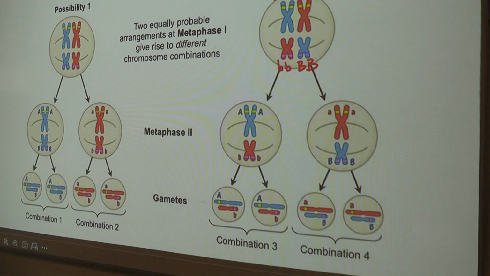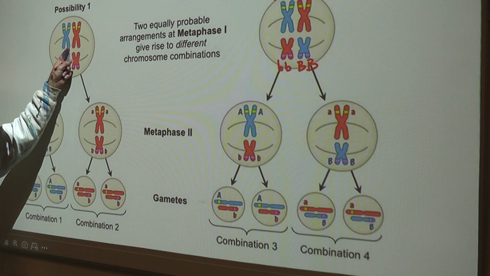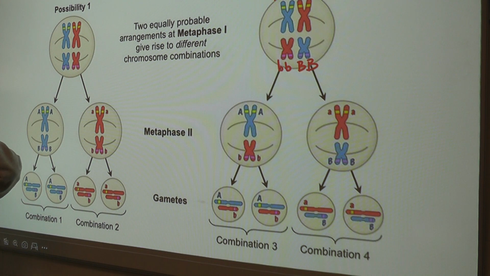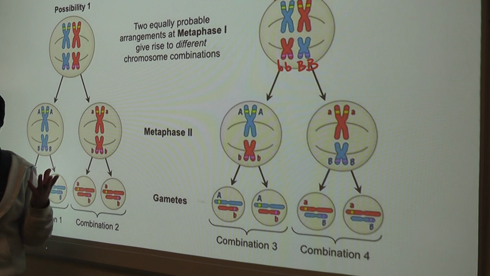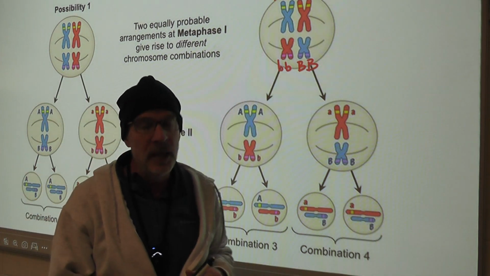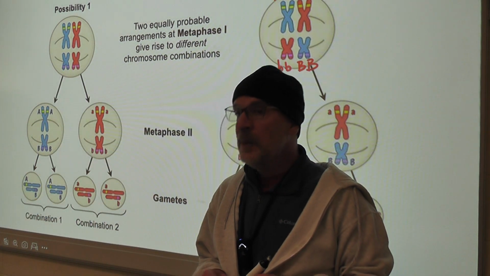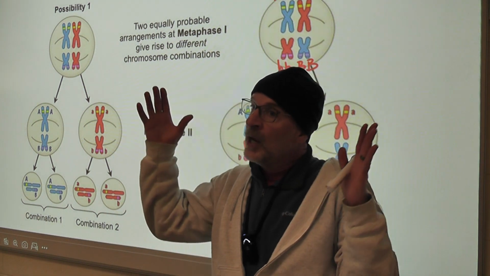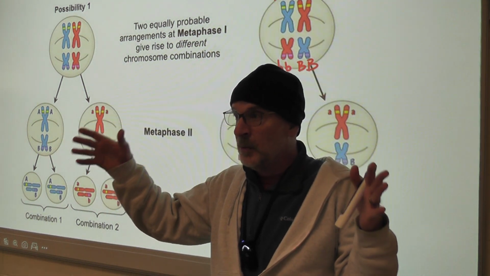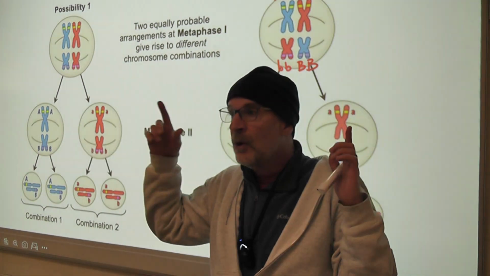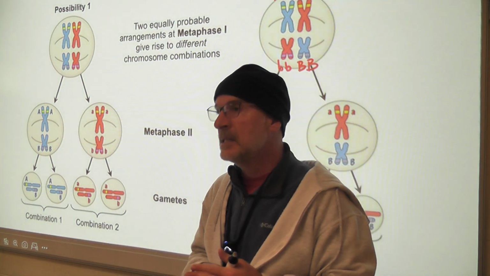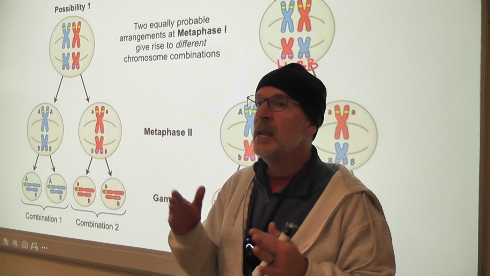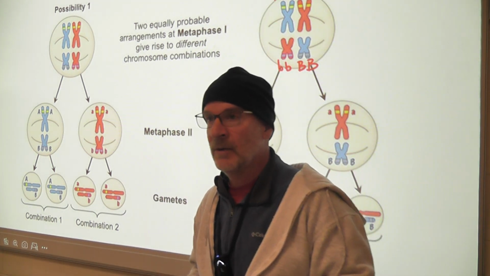With 23 chromosomes, there's 2 to the 23rd power ways of arranging them at the start of meiosis 1, which means there's 2 to the 23rd different kinds of eggs or sperm that any one human being can make. That is effectively infinite. That's more than anybody here can ever count. Which means that when humans and other sexually reproducing organisms reproduce, their offspring are always genetically distinct from each other. They never have the same combination of alleles from each parent.